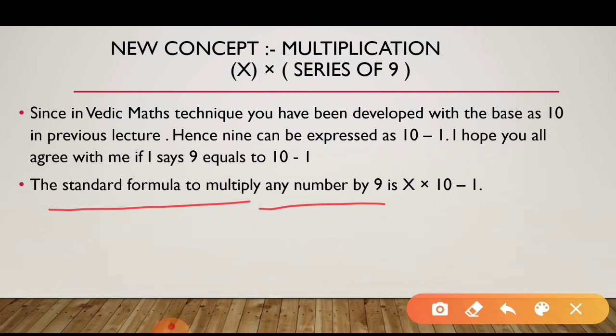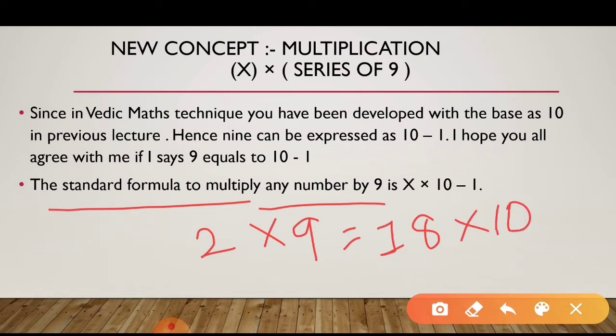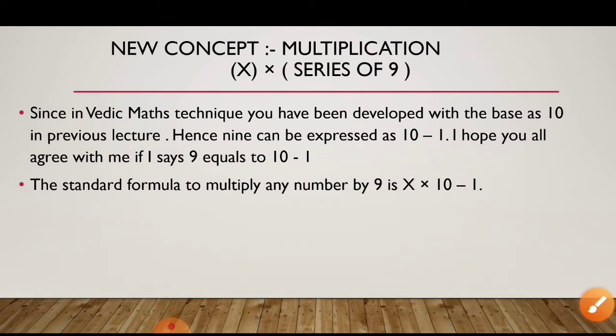Here x is given, so I take it in the form of x into 2, meaning any number by 2, and the answer comes 18. Now 18 multiplied by 10 minus 1. Like this, the standard formula has been used.